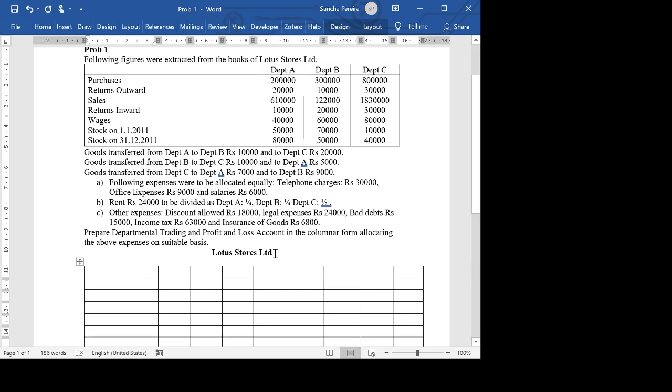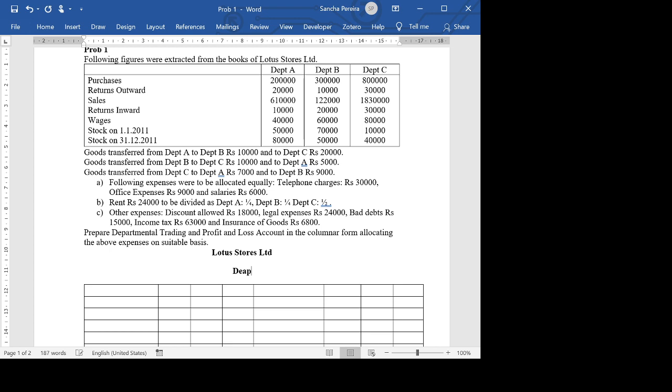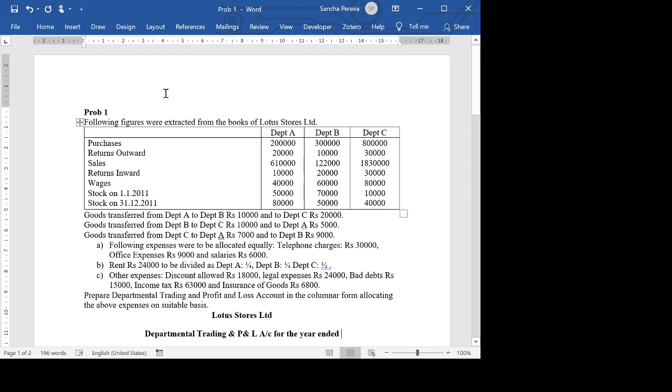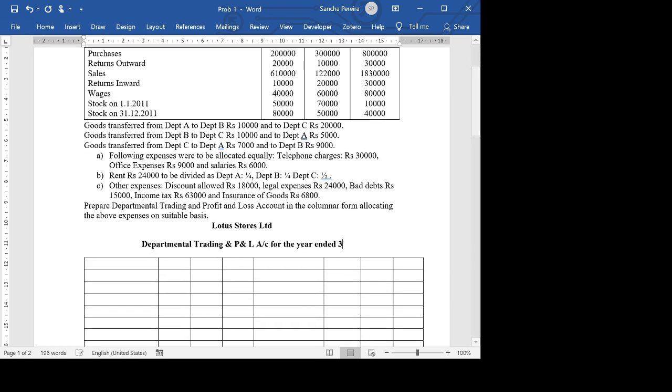We have the departmental trading and profit and loss account for the year ended. Have they given us the year ended? Okay, we don't know the year ended, but from this date we can find out: 31st December 2011.